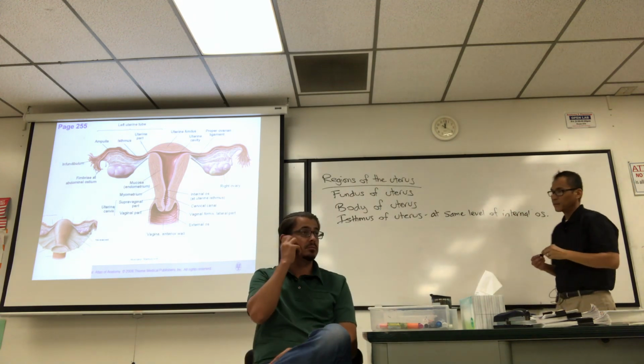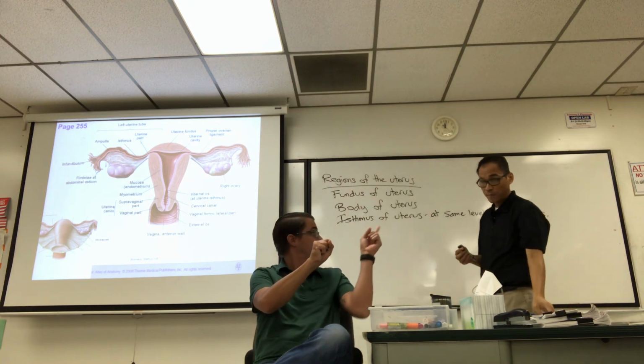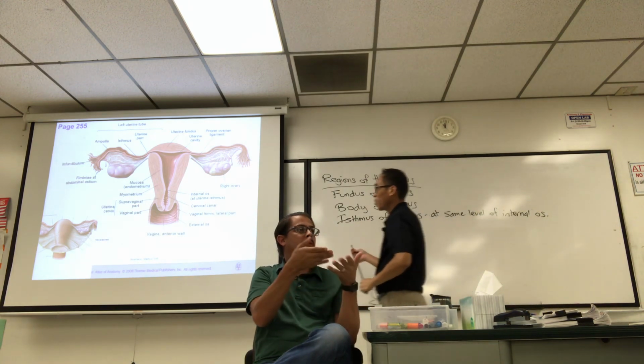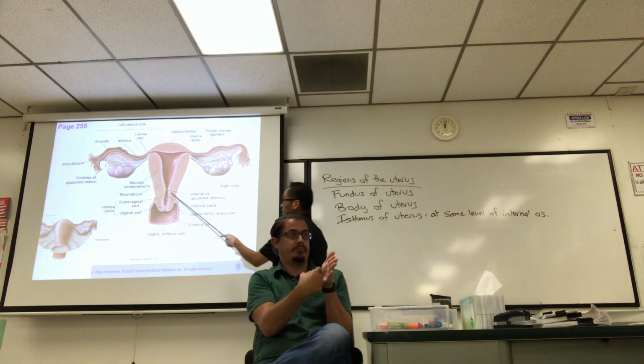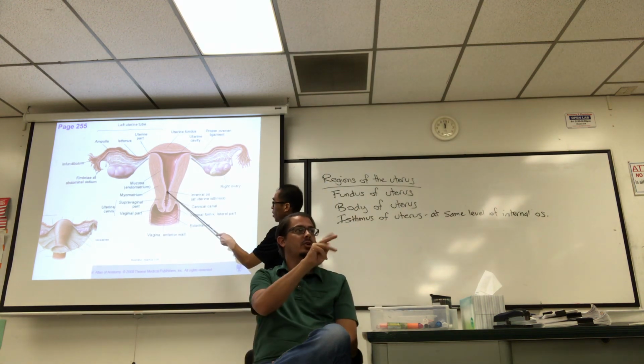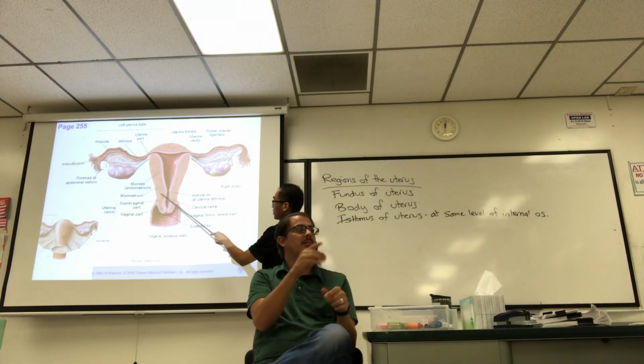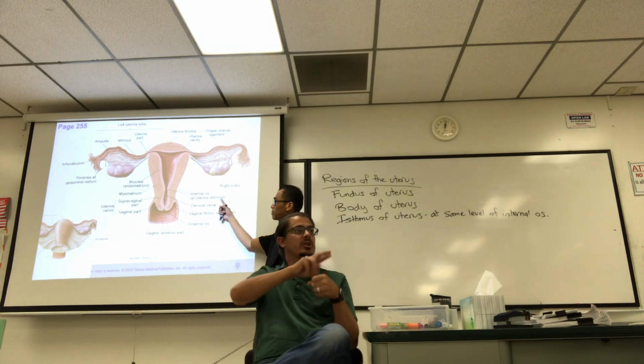Os is an opening. Think about letting sperm in. That's one opening you've got to get through. So the internal os is the opening, but that whole region is the uterine isthmus.